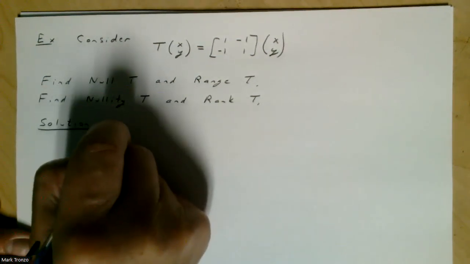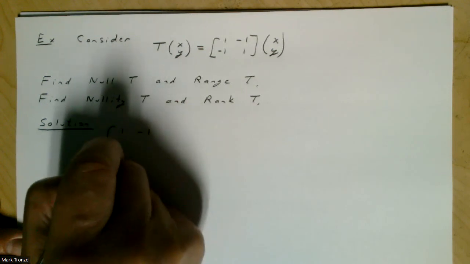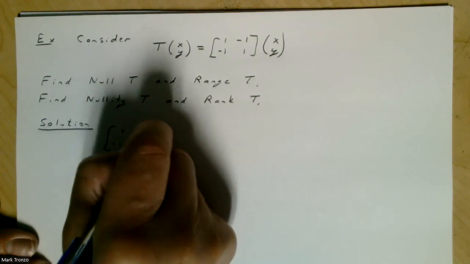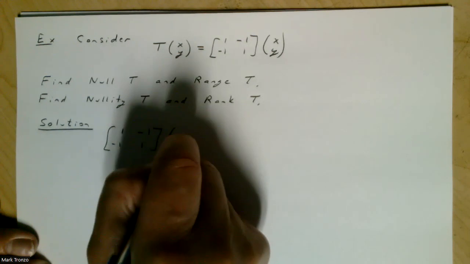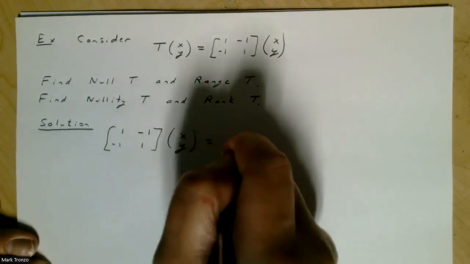So we have, say, something like this (x, y). Let's multiply this out.